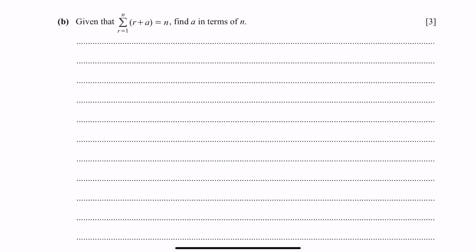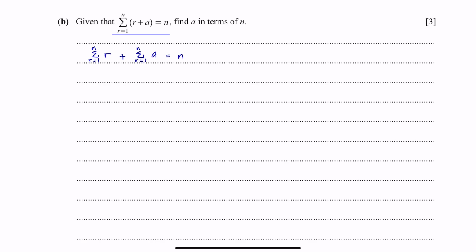So for part B, we are given this equation and we need to find a in terms of n. So basically we can separate these two terms. We can write it as the summation of r plus the summation of a equals n.